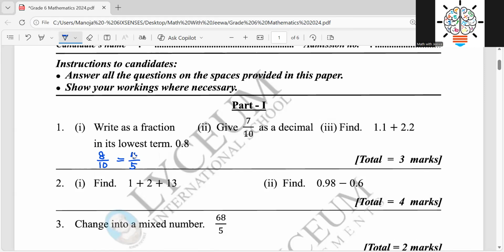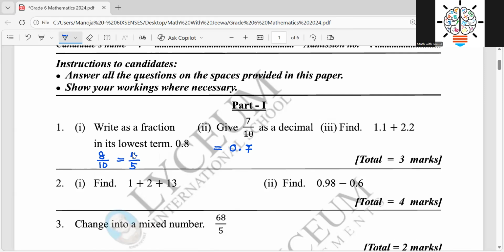And the next one, 7/10. You want to write this as a decimal, so straight away you can write the answer 0.7. If you have the number 10 in the denominator, you can write it in 1 decimal place.